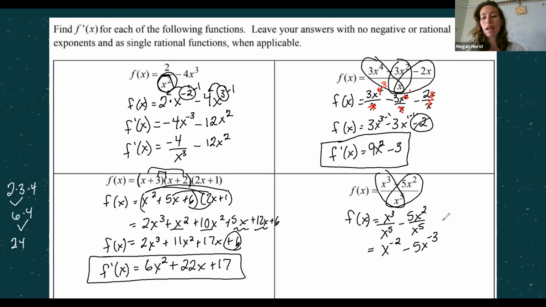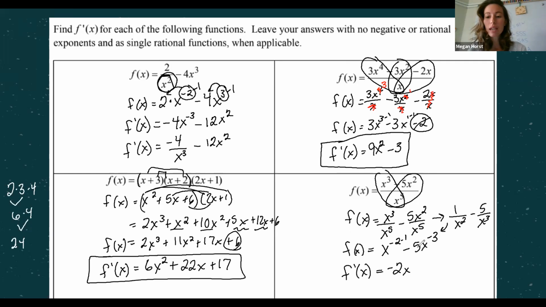Some of you guys may have done 1 over x squared, subtract 5 over x cubed, and then gotten here. That's totally fine. Same, just a different process, but the same result. So this is f of x. I've now written it in a smart way to take the derivative. So now f prime of x is going to be equal to, I'm going to bump this to the front, negative 2x.